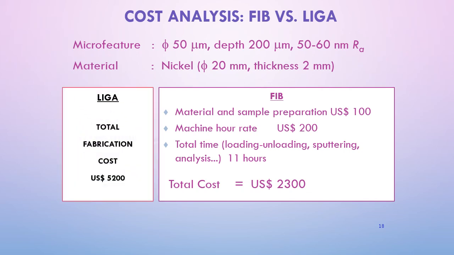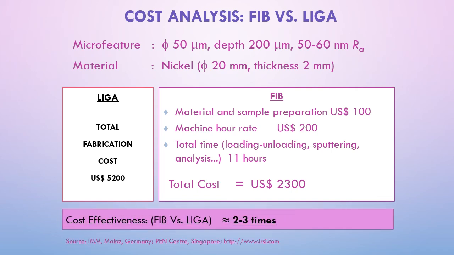Okay, by using the same method, LIGA total fabrication cost can go up to 5,200 US dollars. But for FIB, you can reduce the cost to 2,300 US dollars. So meaning that it is more than half of the cost, right?